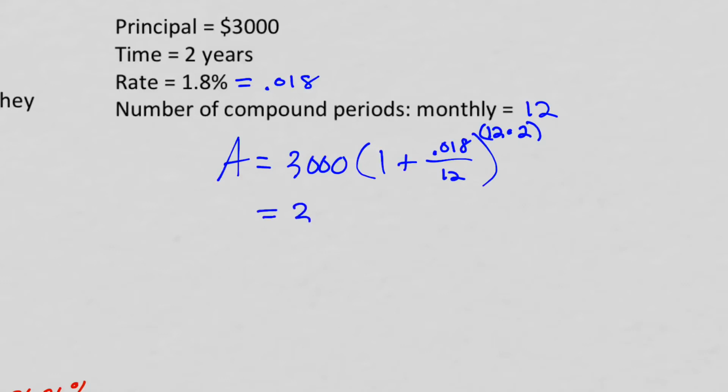So we clean this up a little bit before we type it in. And 0.018 divided by 12 is 0.0015. And we just add that into the 1. 12 times 2 is 24. And now we can put this in our calculator. And like I said, I highly recommend Desmos.com.